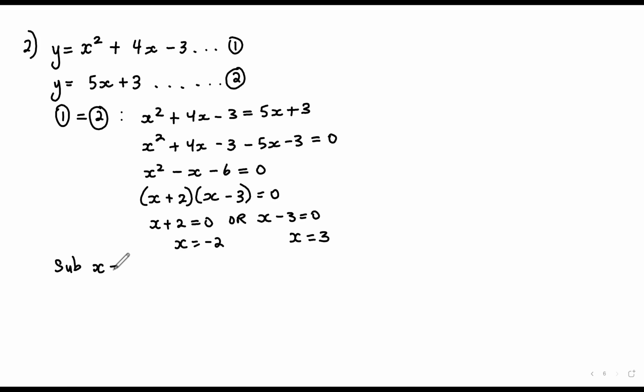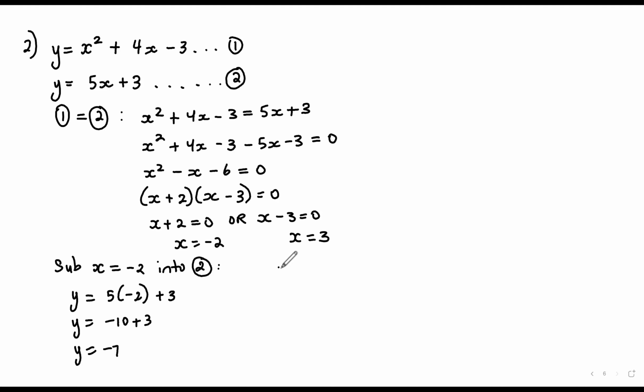So we substitute x is equal to negative 2. I'm going to do it in equation 2 since that's the linear equation. It's easier to substitute there. So you'll get y is equal to 5 times negative 2 plus 3, which means that y is equal to negative 10 plus 3. That gives me negative 7. And then I'm going to substitute x is equal to 3 into equation 2 as well.